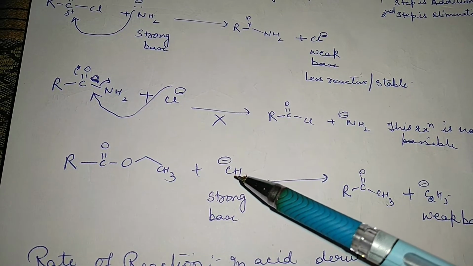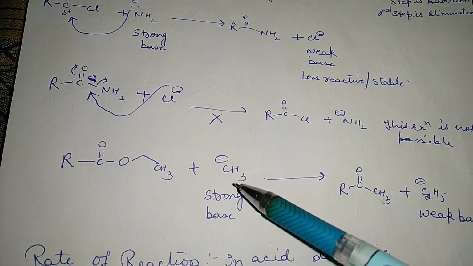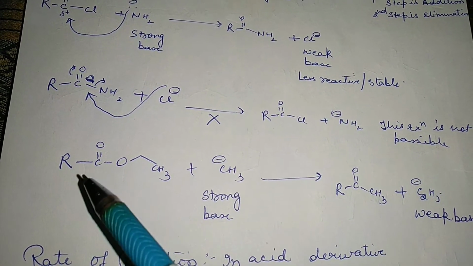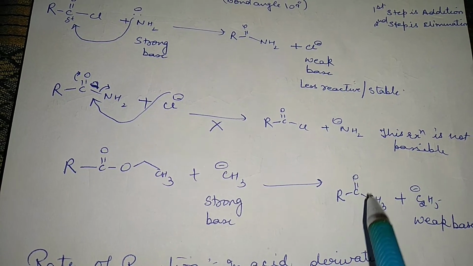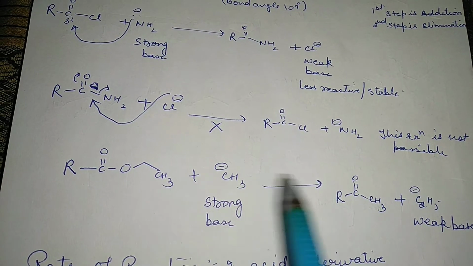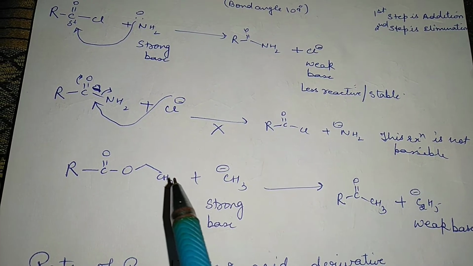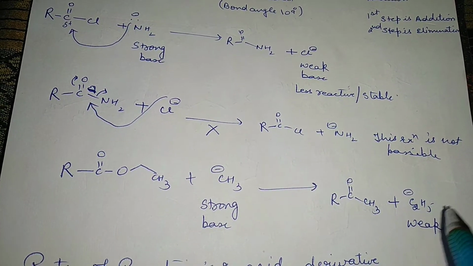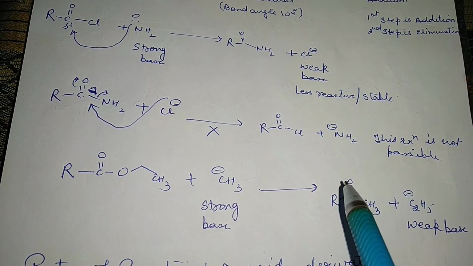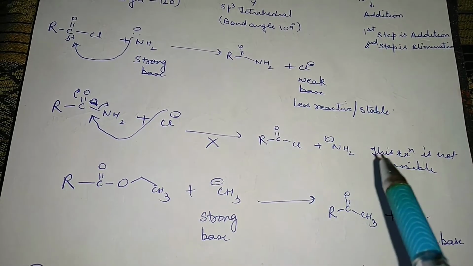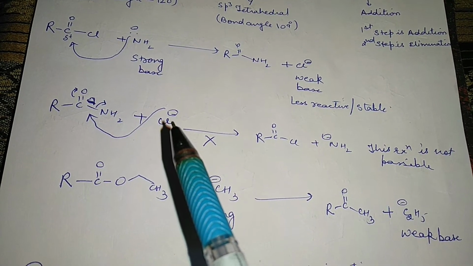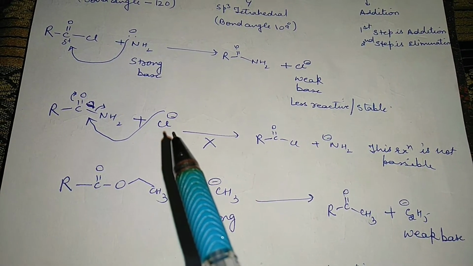So this methyl, a strong base or nucleophile, attacks on the carbonyl carbon of the ester group, and there will be formation of a ketone. So this ester group gets converted into ketone, and the ethyl, as a weak base, gets replaced, and there will be no further reaction. So this reaction is feasible. However, this reaction is not feasible because chloride ion is a weaker base. Alright, this is the basic difference.